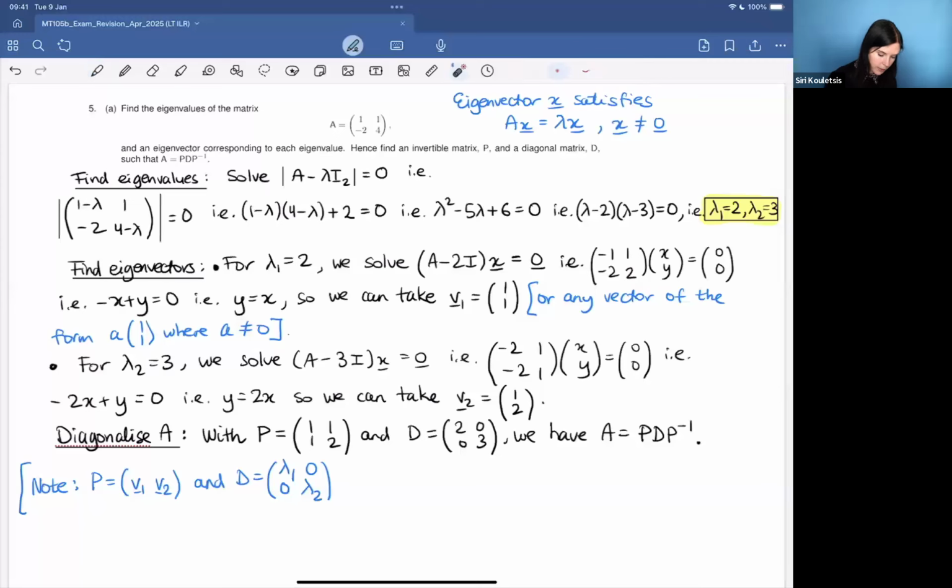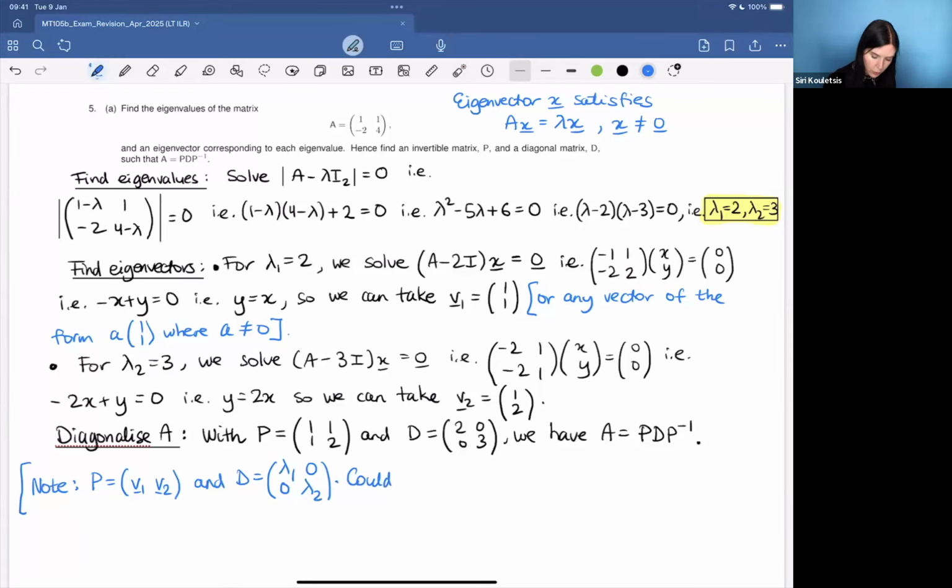Notice that because lambda 1 is the eigenvalue corresponding to eigenvector V1, so that's in the first position, this lambda 1 has to be in the first position, and then similarly for V2 and lambda 2.